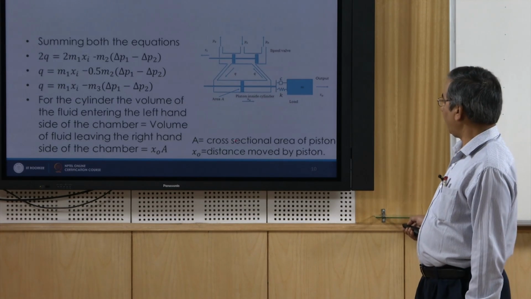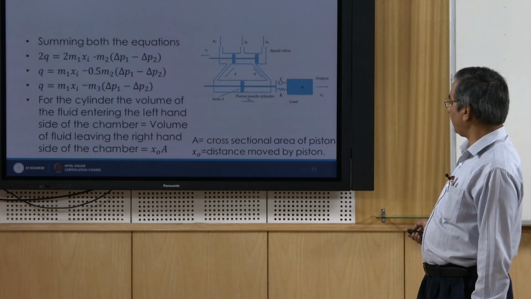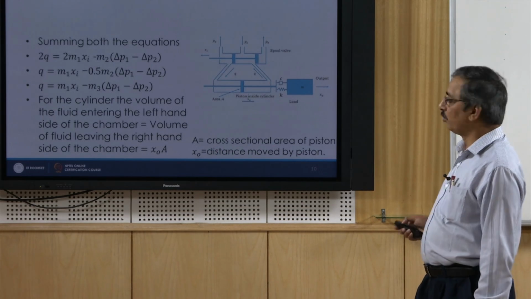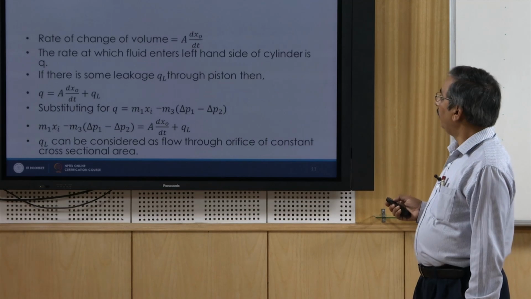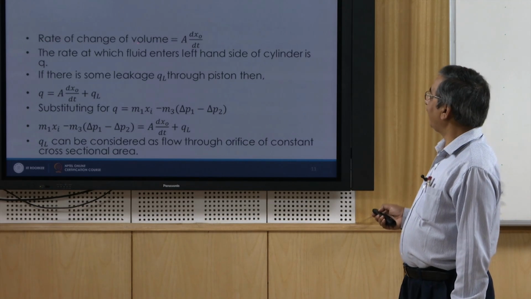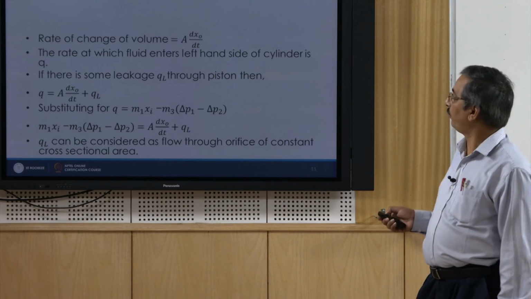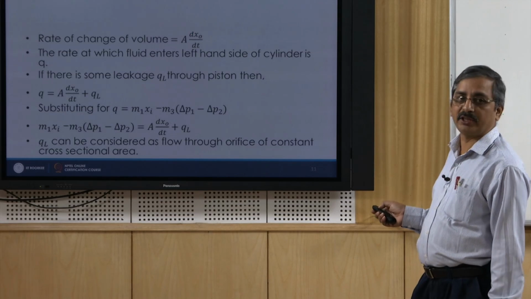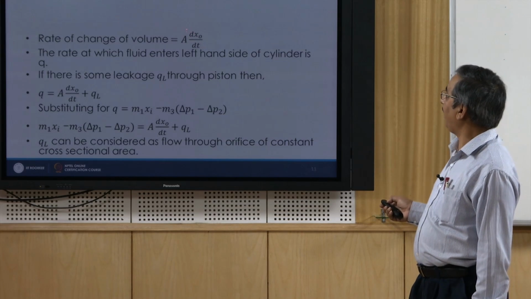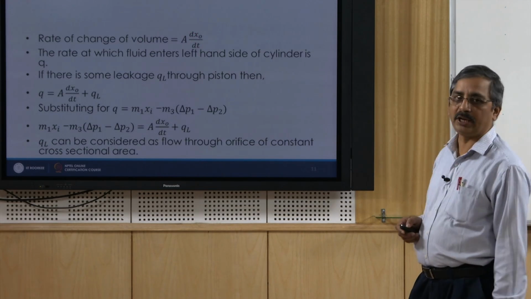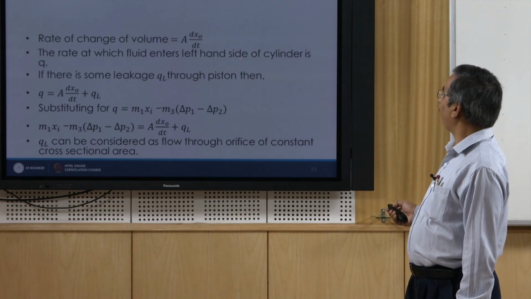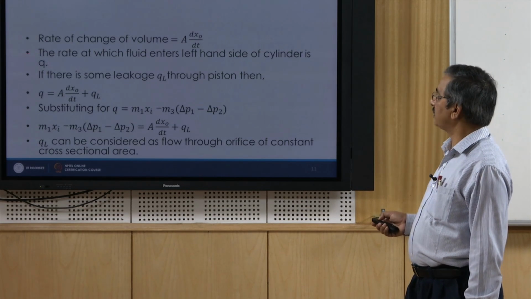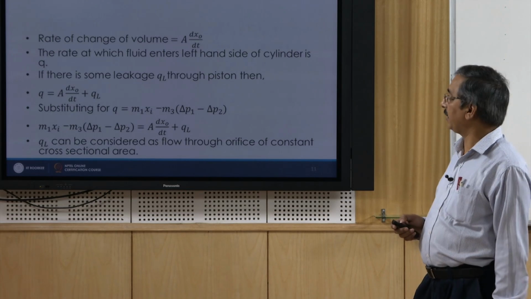A is the cross sectional area of the piston and x0 is the distance moved by the piston. So what will be the rate of change of volume? We differentiate A x0, so it will be A dx0 by dt, and the rate at which the fluid enters the left hand side of the cylinder we have already taken as Q.